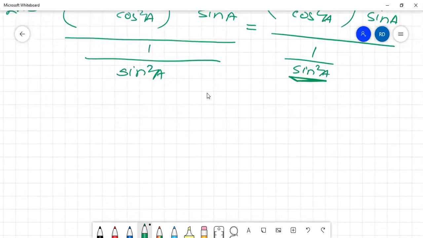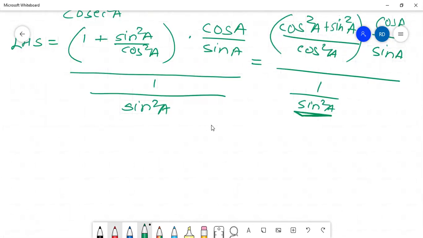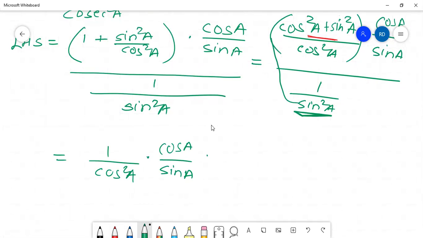So that's how you have to write. Now you know cos square A plus sin square A is equal to 1. So you just have to write the remaining ones, that is 1 upon cos square A, then into cos A upon sin A, and this will go in the numerator, so you can multiply it over here, 1 into sin square A. So let's cancel some of the things.